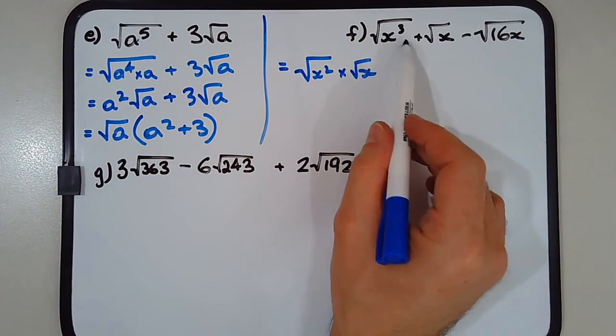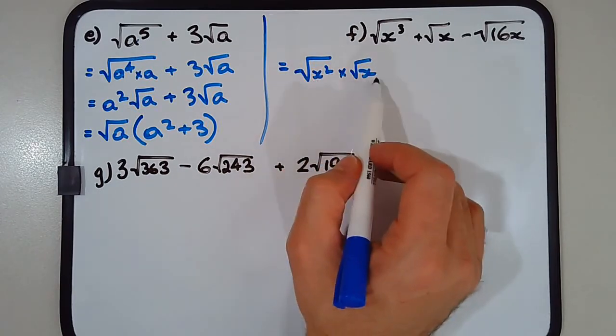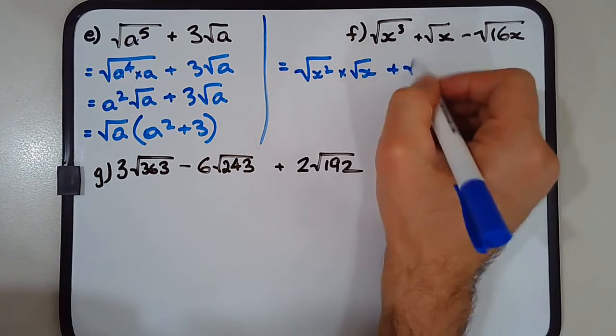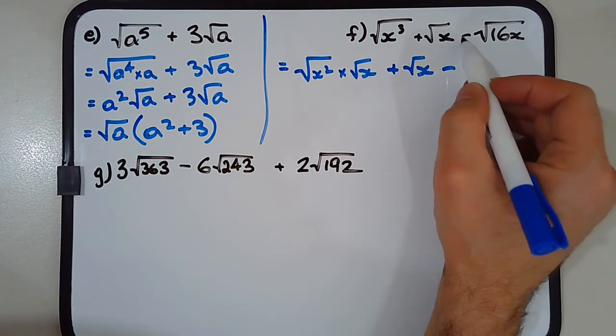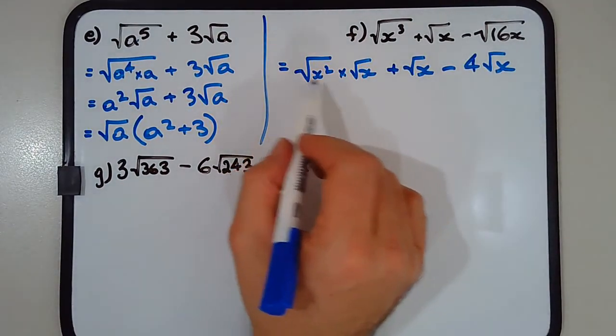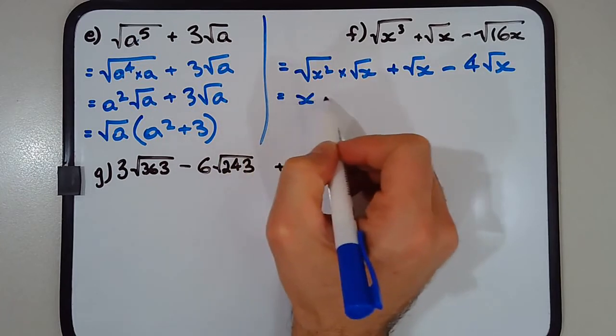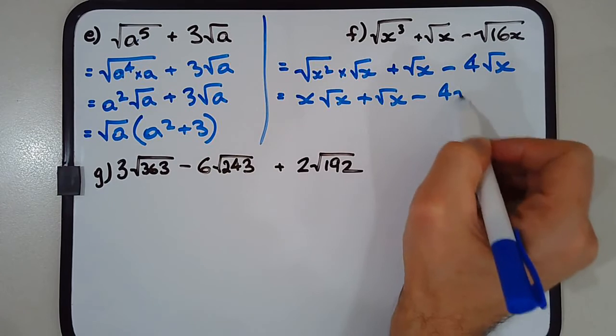So that square root of x cubed can be broken up into square root of x squared times the square root of x, plus the square root of x minus. Now the 16 can come out of the surd, it becomes 4 root x. Now square root of x squared is just x, so that's going to be x root x plus root x minus 4 root x.